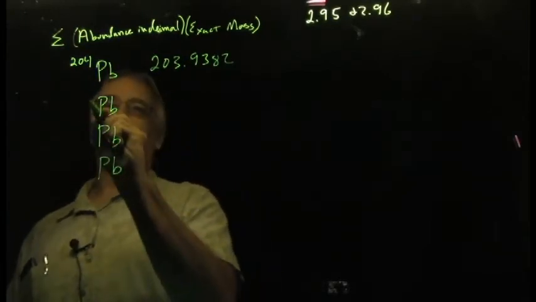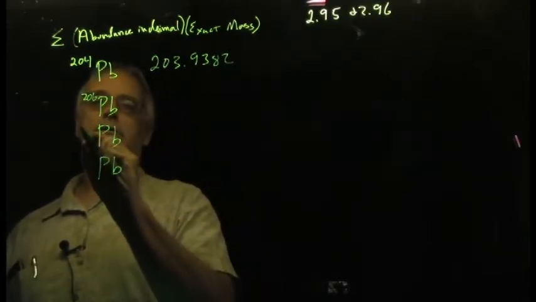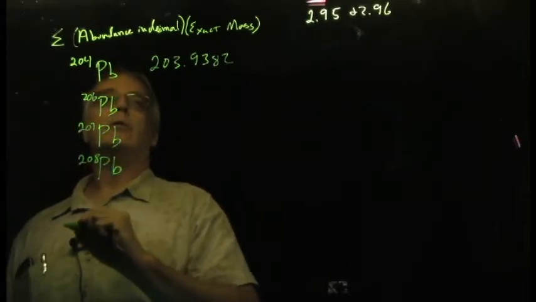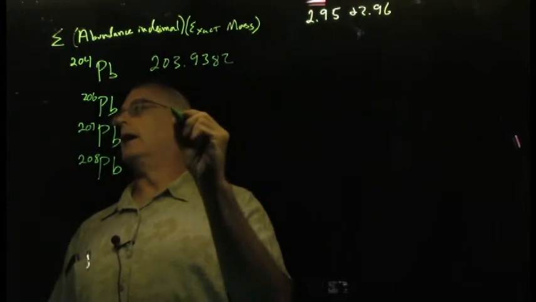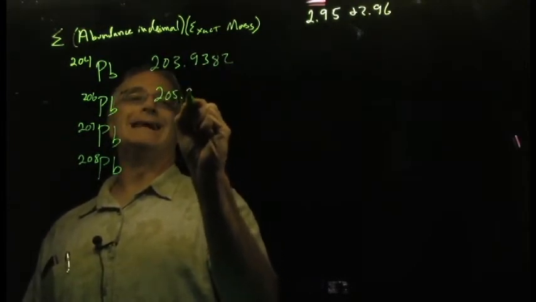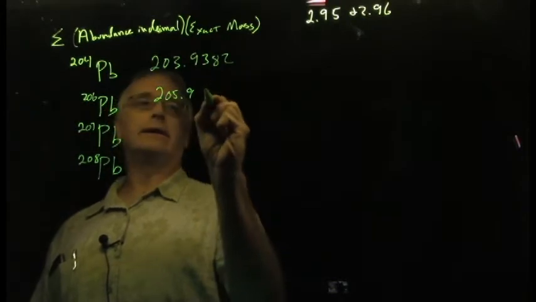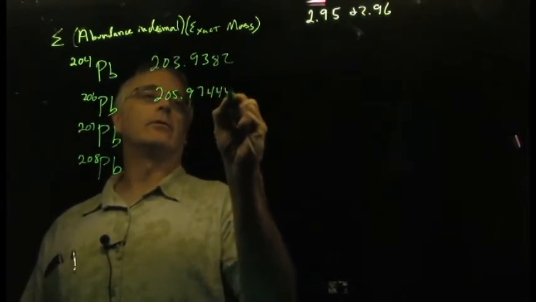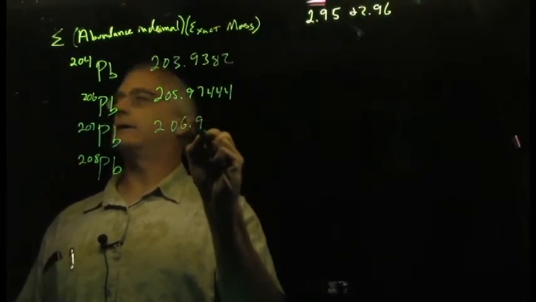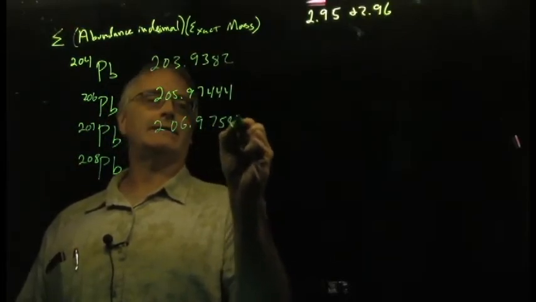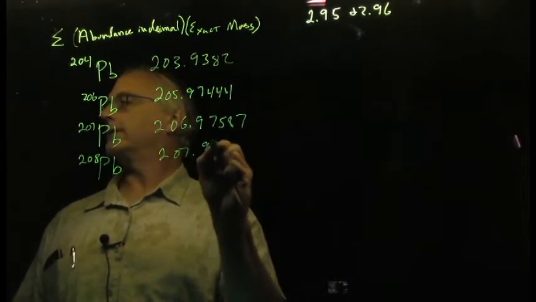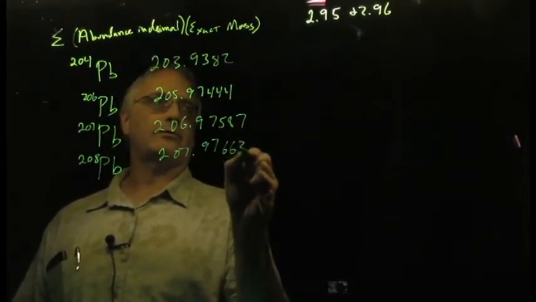And then the other 3 isotopes they give us are lead 206, 207, and 208, with the exact masses of 205.97444, 206.97587, and 207.97663.